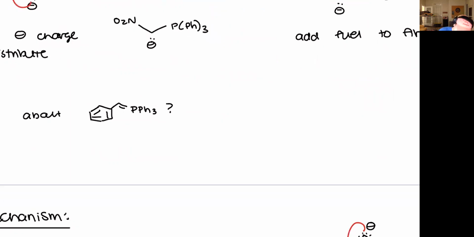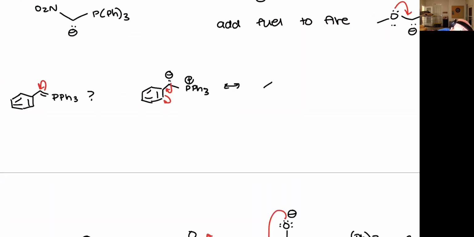But in this case, if we draw this Wittig form, we can see that we have a negative charge next to a benzene ring, which is normally very stable. But while there is resonance, the resonance is not super beneficial. What I mean by that is if we draw a resonance structure, let's just draw this one.